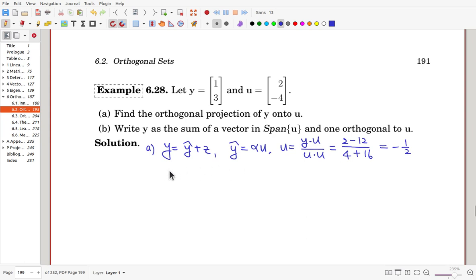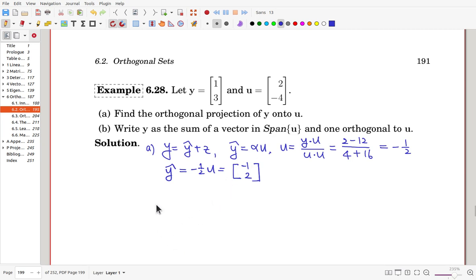So we have here y hat, the projection itself, is minus half times u, which is now here minus 1 and then 2.